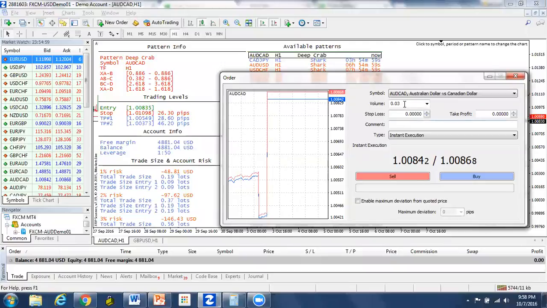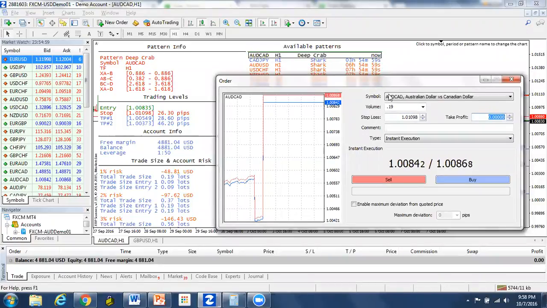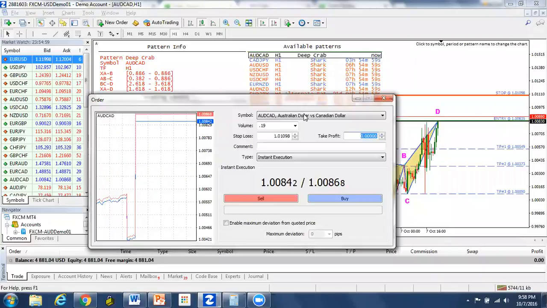Make sure the volume is the same as the lot size, 0.19. Put my stop loss where the scanner says, right here, 1.01098. And then I put the take profit right here. I'm going to do it where the scanner says, take profit 3, 1.00090. Then you just hit sell.